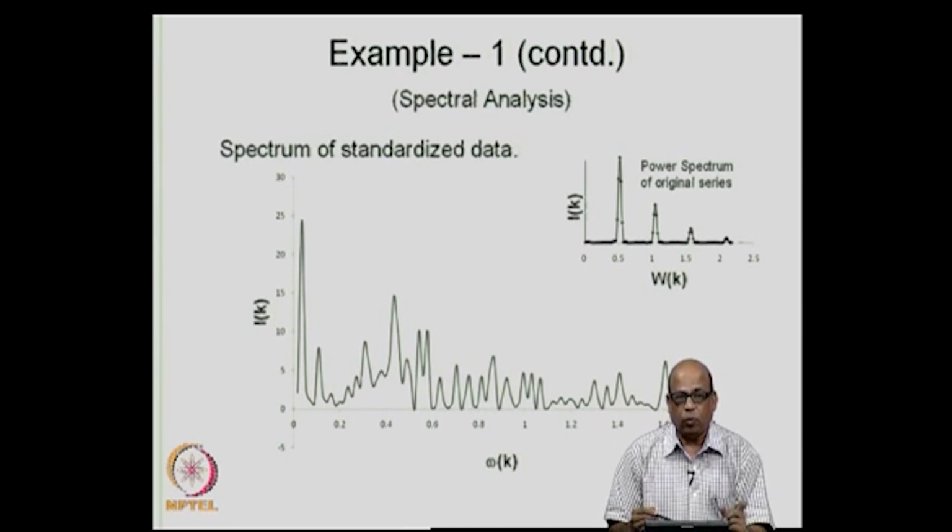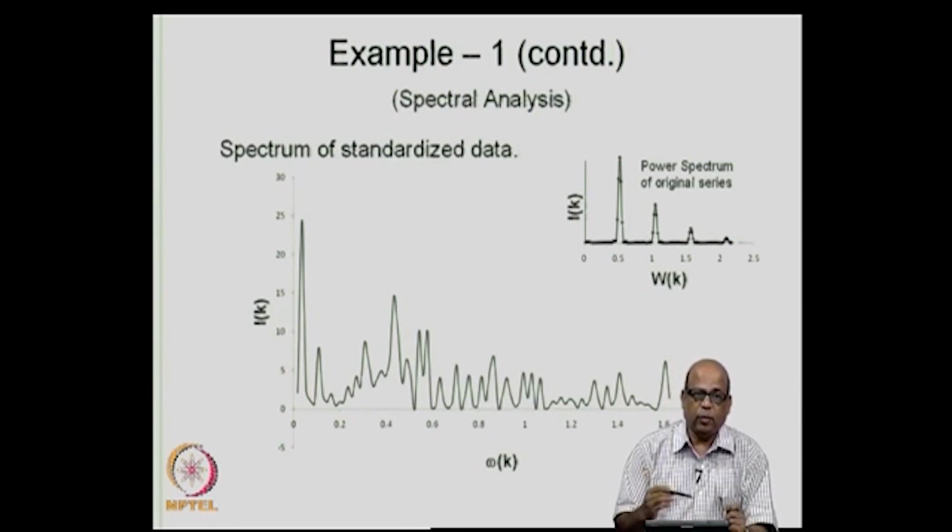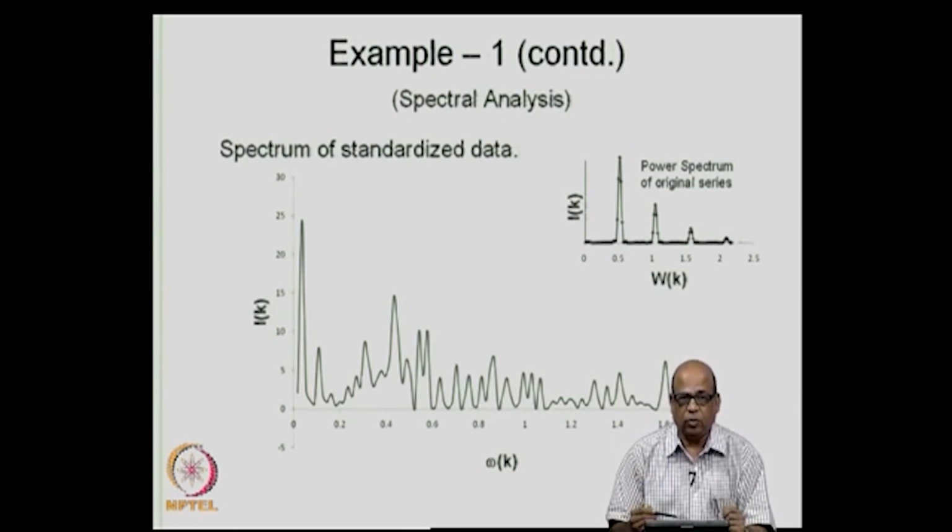but this may not always be true. So, after standardizing the data, you need to examine whether the periodicities have in fact been removed by the standardization transformation. For example, you may have daily rainfall data. What we have done just now is for the monthly stream flow data, which is a much more smoothened process compared to the daily rainfall data.